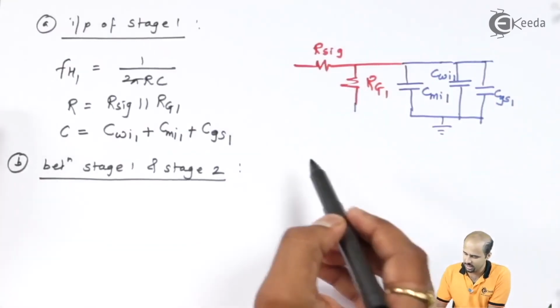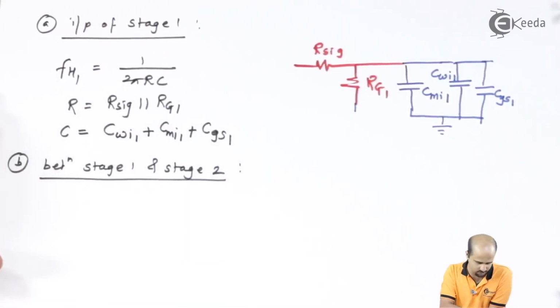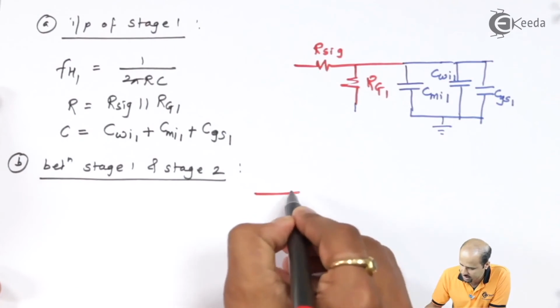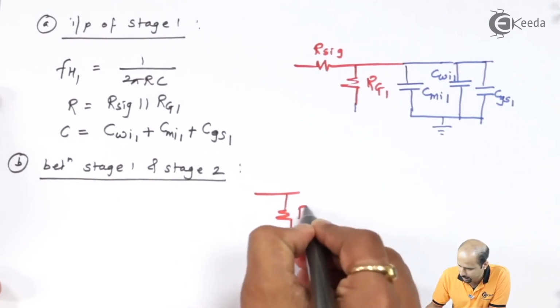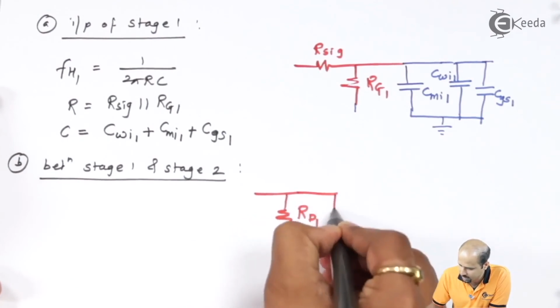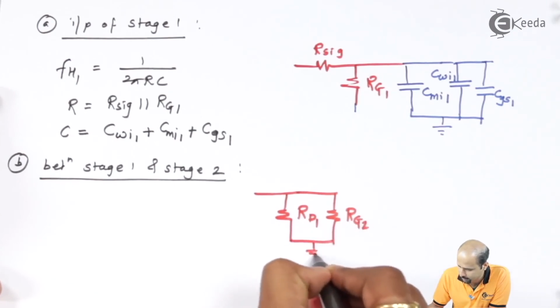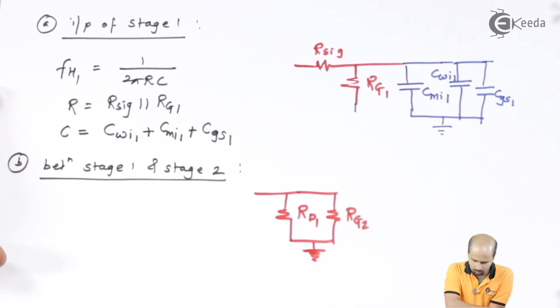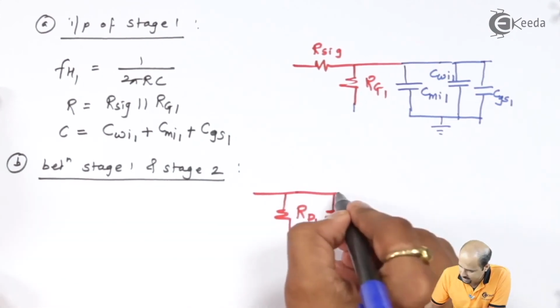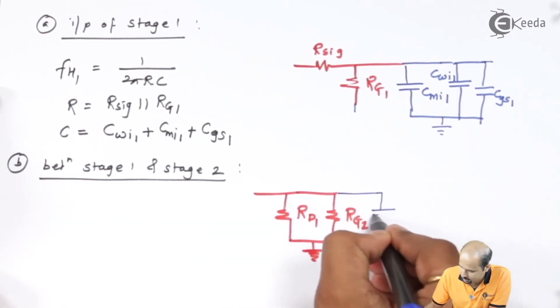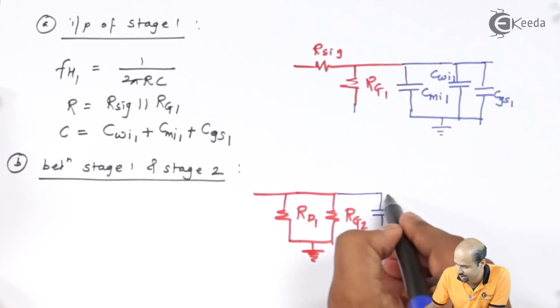So this circuit is also the same as the previous circuit, where we will be getting 2 resistances connected in parallel. I can say this is RD1, this is your RG2 connected in parallel, and the capacitances, we have ample of capacitances here.